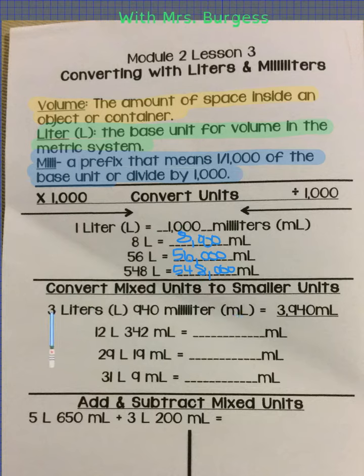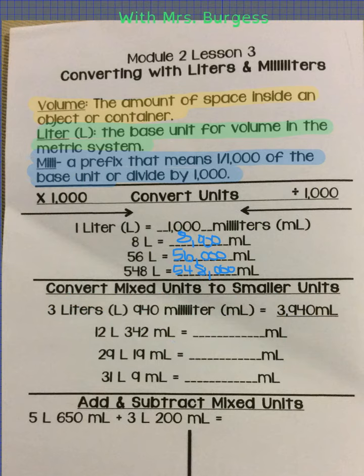So I'm going to change this. 3 liters equals 3,000 milliliters. So 3,940 milliliters. So this is going to be 3,000 milliliters and then 940 milliliters. So 3,940 milliliters. So go ahead and try these ones.